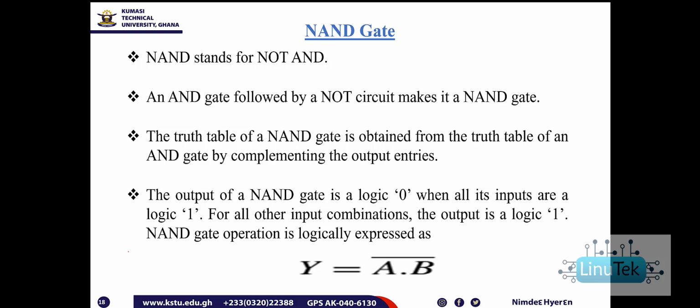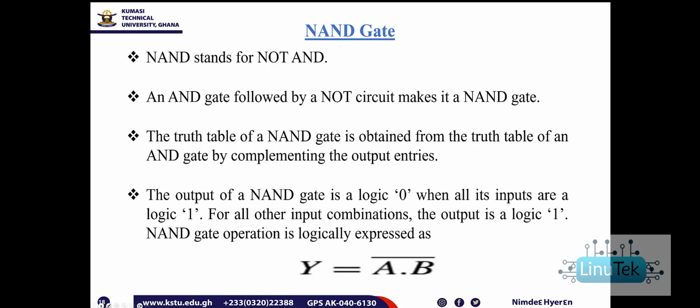So what will happen is that whatever the inputs produce as output for the AND gate, the NOT gate will provide a complement of the output of the AND gate. So the expression would always be Y equals complement of A AND B.